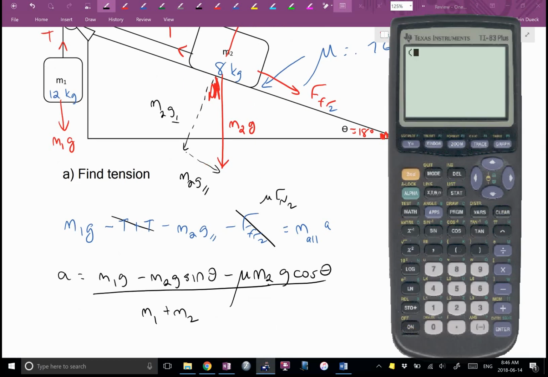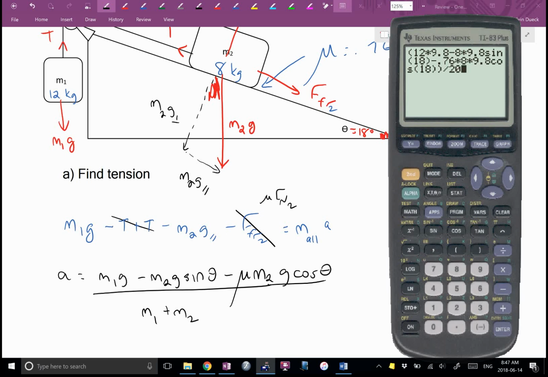I would type this as bracket 12 times 9.8 minus 8 times 9.8 sine 18, minus, what's mu, 0.76, times 8 times 9.8 cos 18. Close off the top, divided by, and I'll be brave, I'm going to go 8 plus 12 in my head, 20.